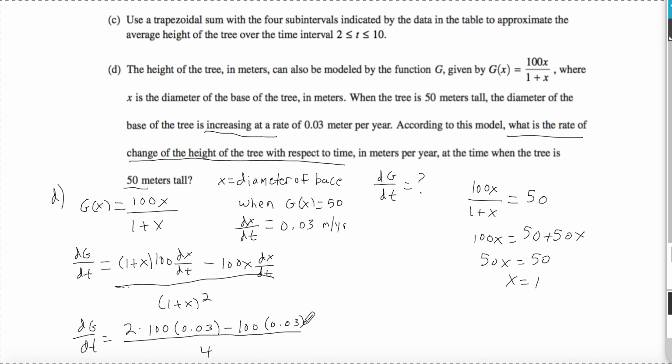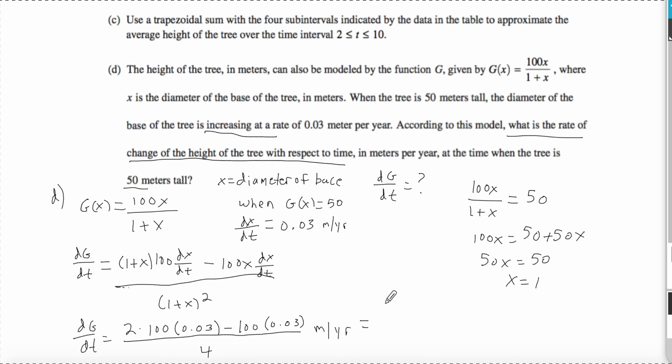Whatever that number is will be the rate of change of height in meters per year. Now, you don't have to simplify. You can just leave things like that if you want. If you feel like crunching numbers down, that's fine. It turns out this one does simplify kind of nicely.